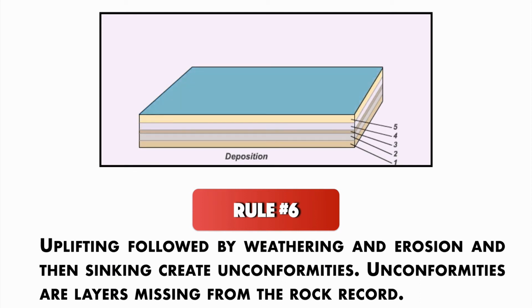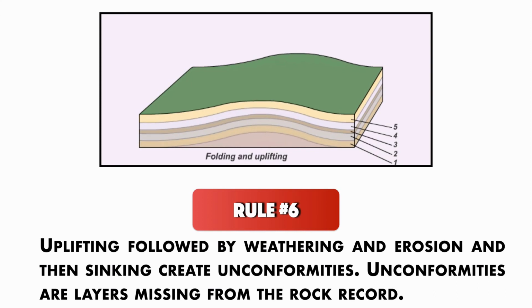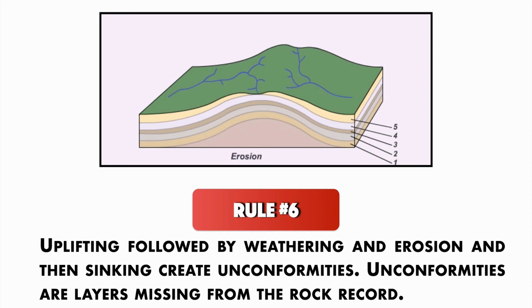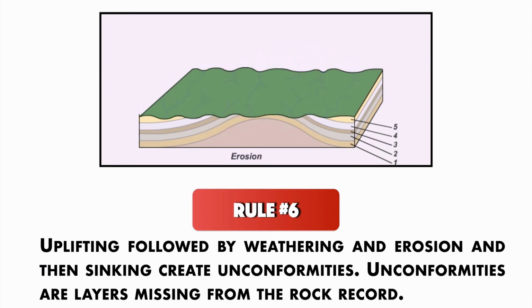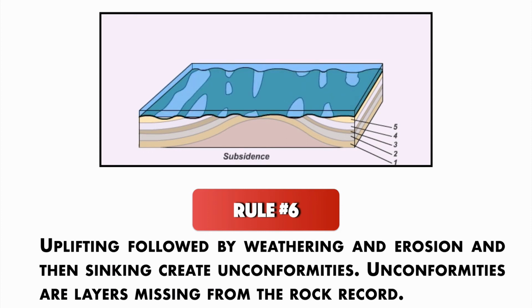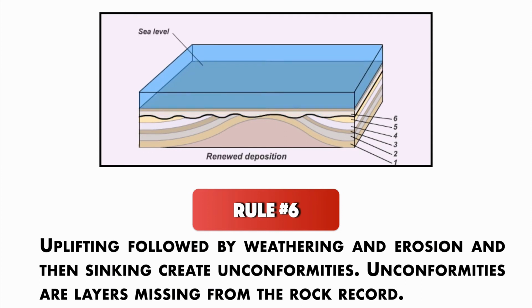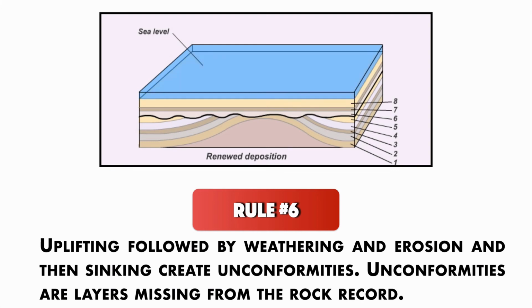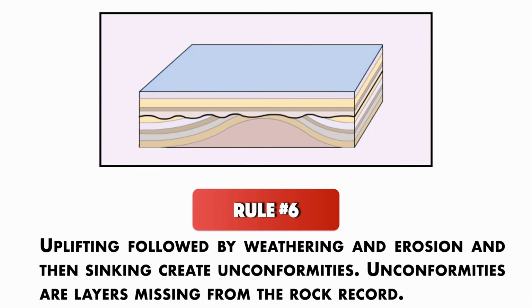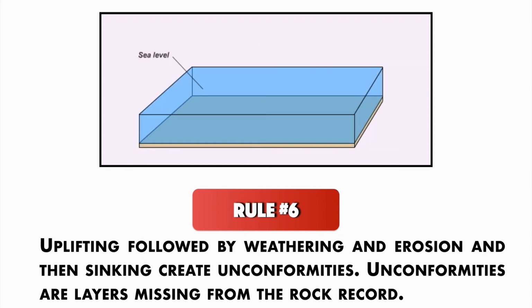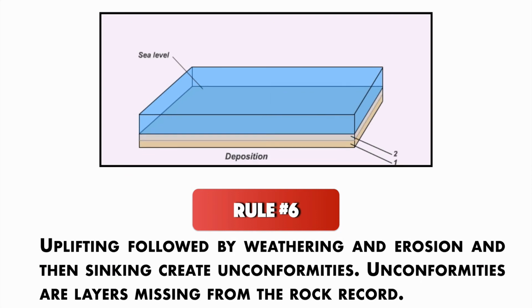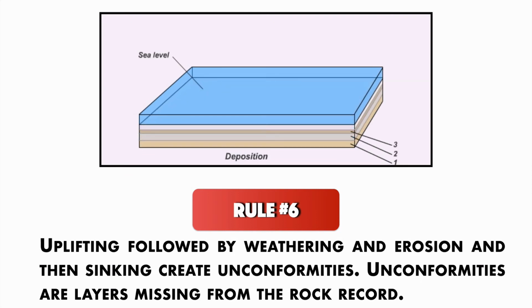You can sometimes see unconformities referred to as subsidence, which really refers to layers being sunk, right? Subsidence. So layers are basically laid down, uplifted, weathered and eroded, but then sunk back down and then added to.